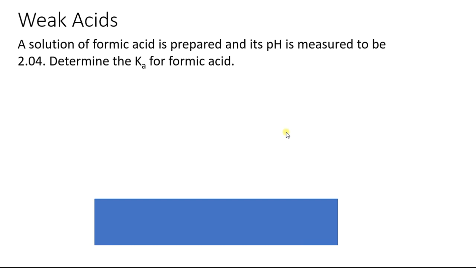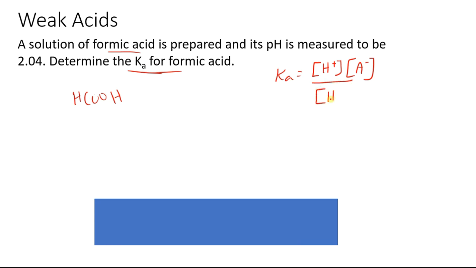Here is a variation of what we've been looking at. Here you're asked to determine the Ka for this, so just write the expression for Ka. We're saying formic acid, which is HCOOH, but we're just going to put HA as the usual expression, a simplified way of writing this, because we only need to know the Ka, which is H plus times A minus divided by HA.